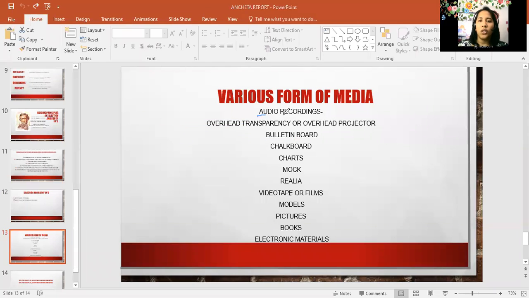The first is the audio recordings, overhead transparency or overhead projector, bulletin board, chalkboard, of course, charts, maps, realia or the real thing, videotape or films, models, pictures, books, and also the electronic materials. So these are some forms of the media we are using.